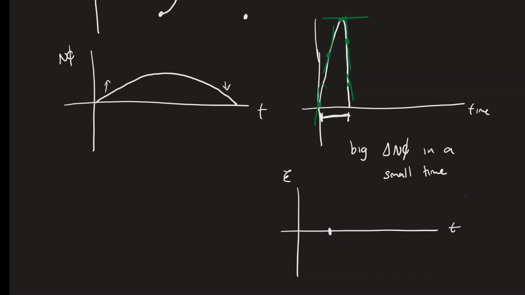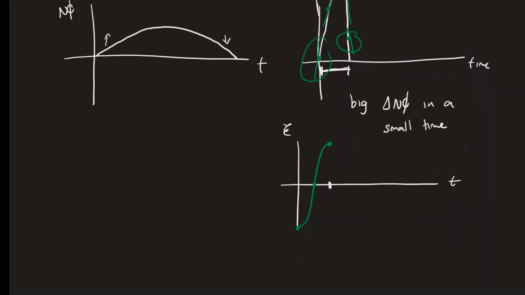So at first, the gradient is large and positive, so we need a large negative value to start. And then by the time we're halfway through, the gradient is 0. And then by the end, around here, the gradient is large and negative, so our EMF will be large and positive. So it will look like this, a very steep sinusoid.